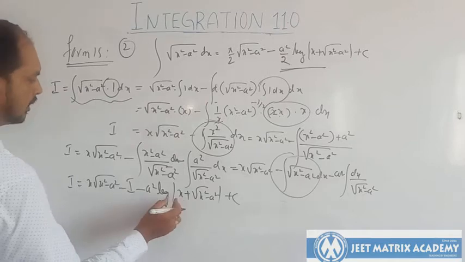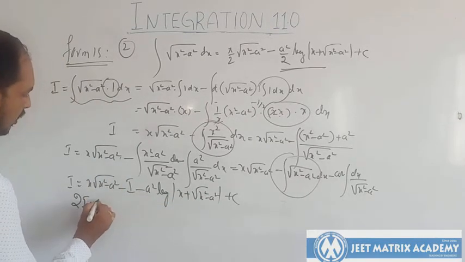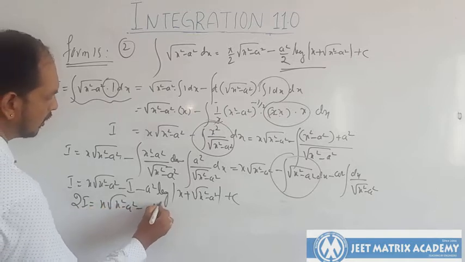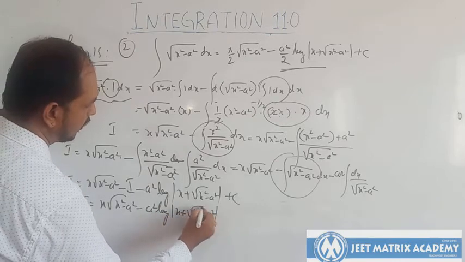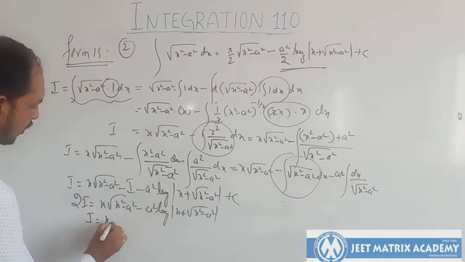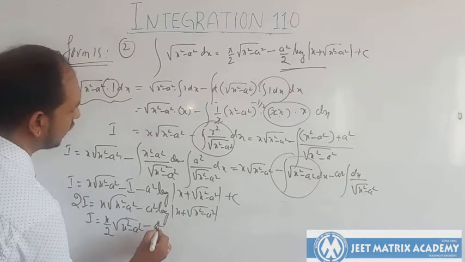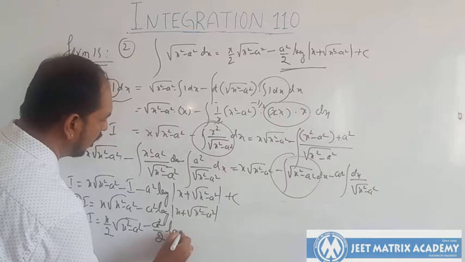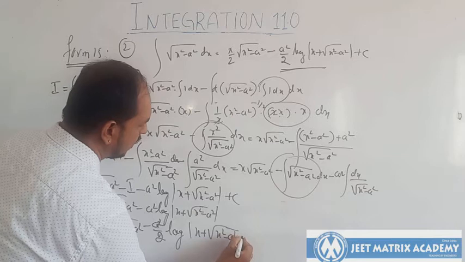Now consider this, I'll take this side, this will be 2I equal to x root of x square minus a square minus a square log of x plus root of x square minus a square. I'll take 2 this side, so that is x by 2 root of x square minus a square minus a square by 2 log of x plus root of x square minus a square plus c.